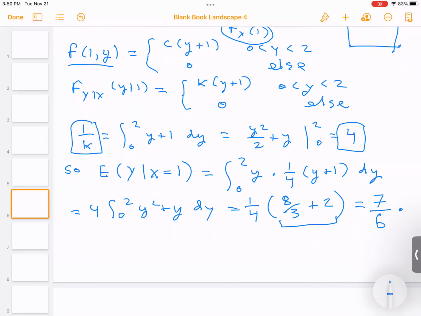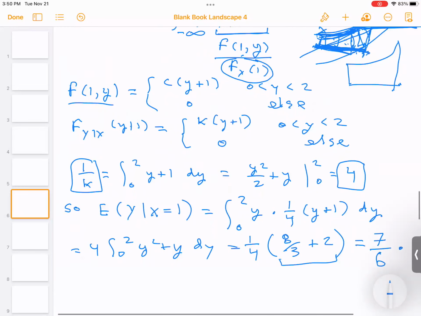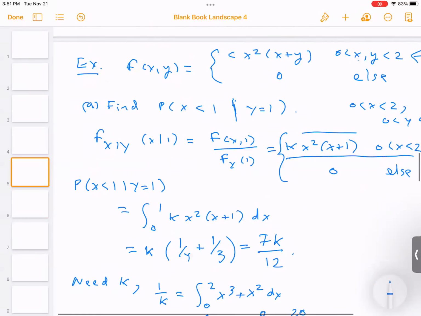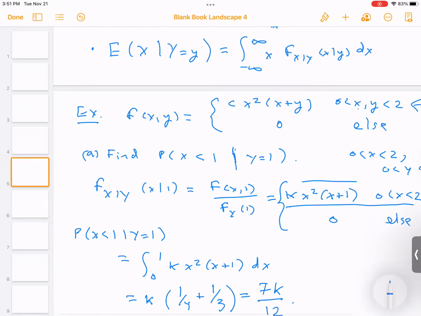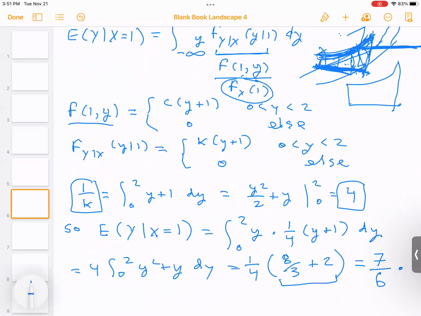Y is getting bigger, but not that much bigger from 1 to 2. Remember the definition up here. X is being cubed, and y is linear. So, yeah, it's increasing. I do expect it to be between 1 and 2, and it's 7/6. All right. Any questions?